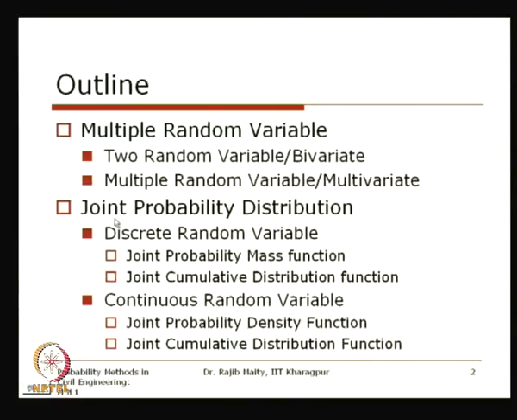After this concept we will discuss their joint probability distribution, and again, similar to the single random variable, there can be two possibilities. One is the discrete random variable.